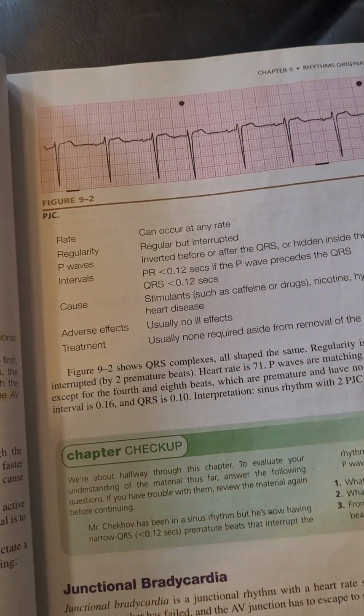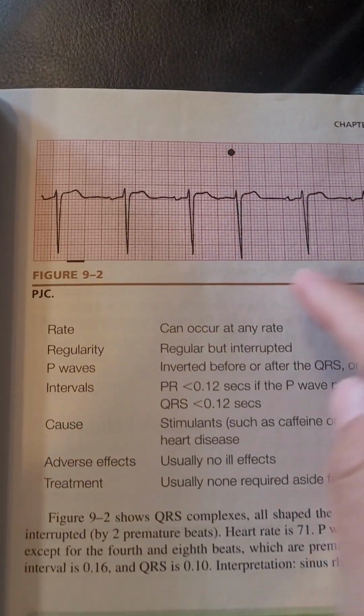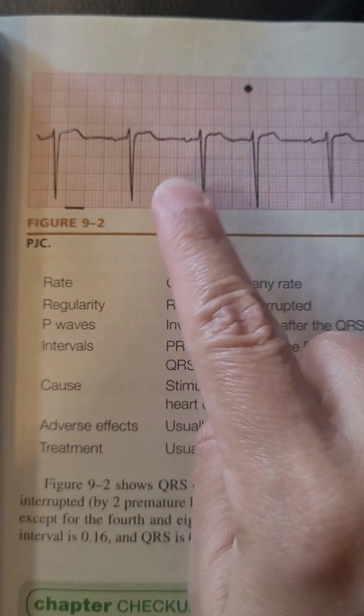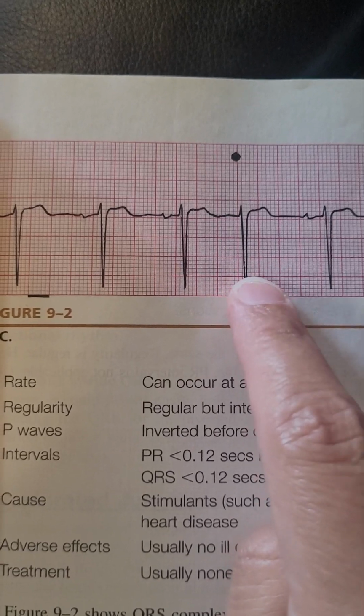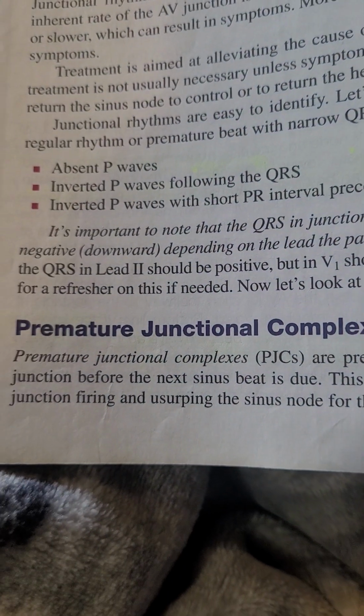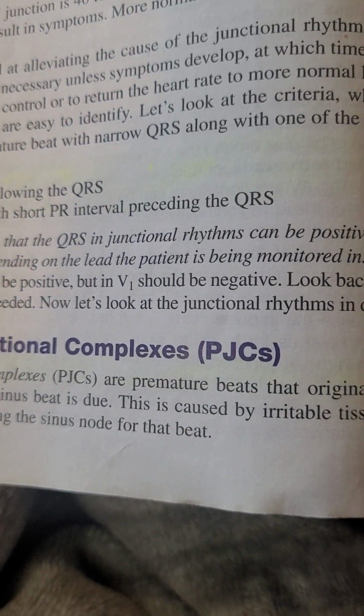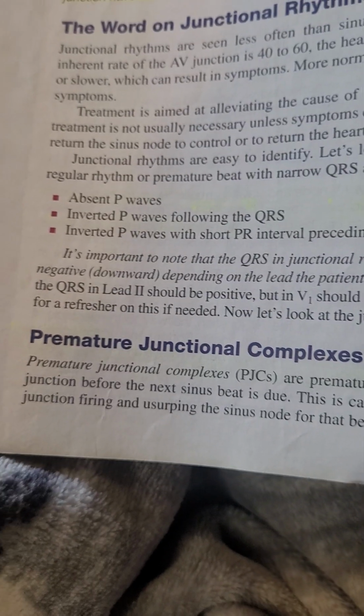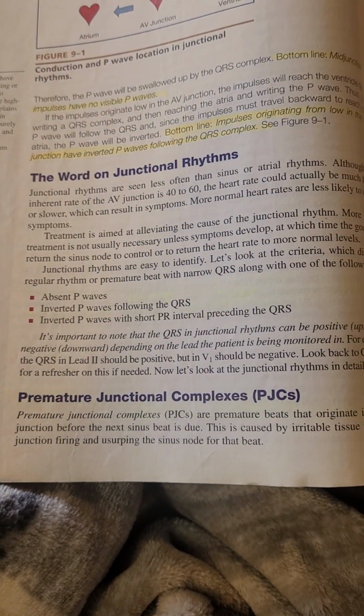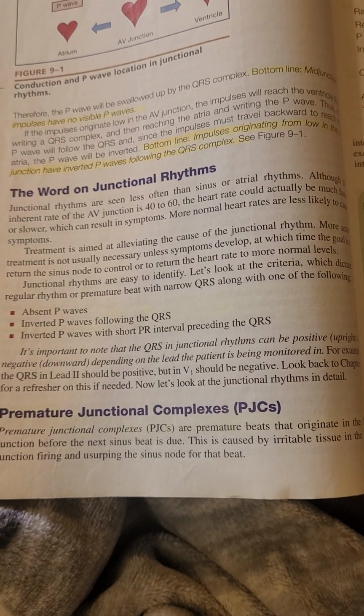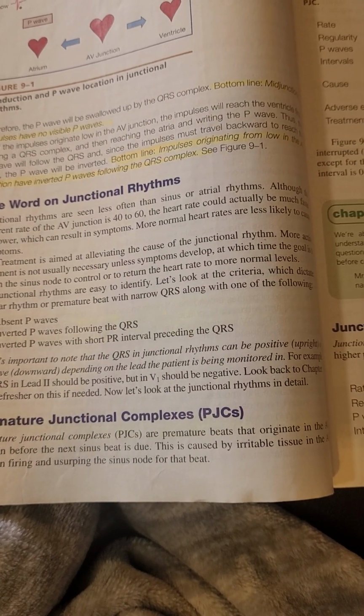Just like a PAC that we talked about, where it's a premature beat, this one's called premature junctional complexes, PJCs. Premature junctional complexes are premature beats that originate in the AV junction before the next sinus beat is due.